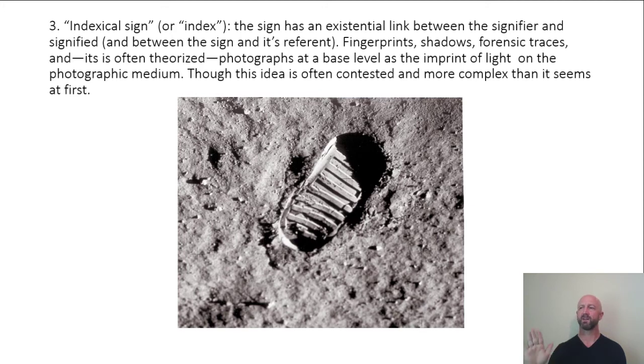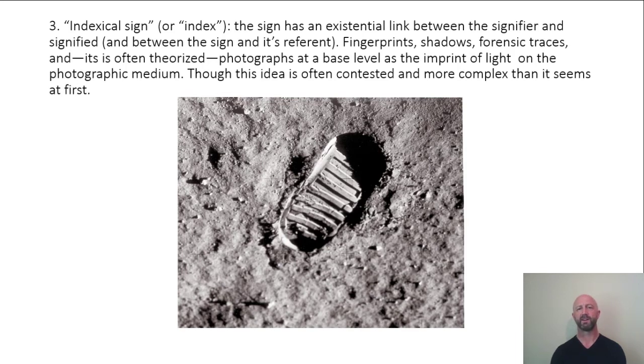A shadow is caused by something being physically, existentially in between a light source and whatever the wall or floor or ground is on which the shadow is cast. And forensic evidence, let's say blood spatters and so forth, are indexes of something having physically occurred.